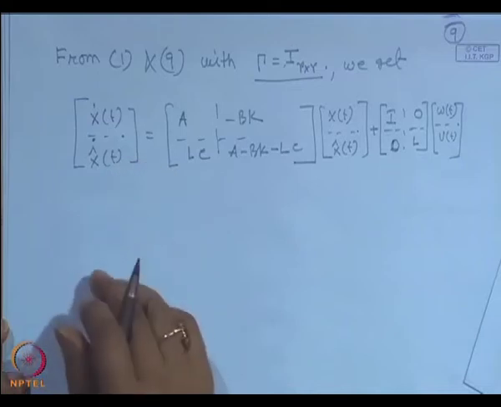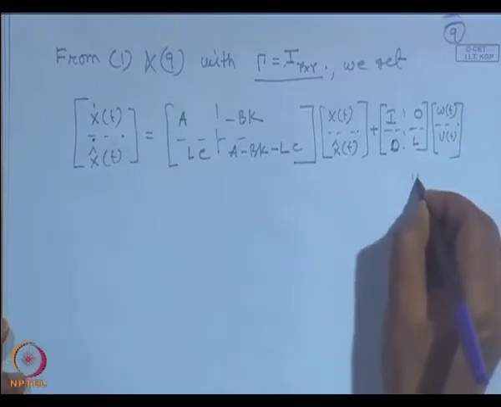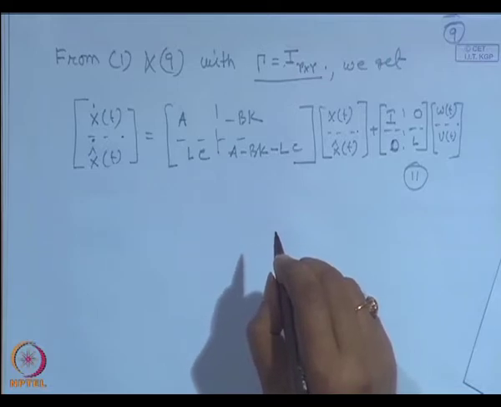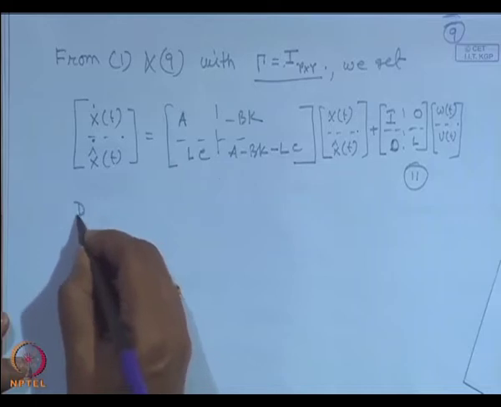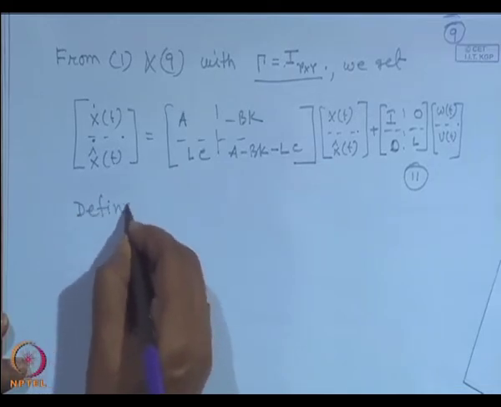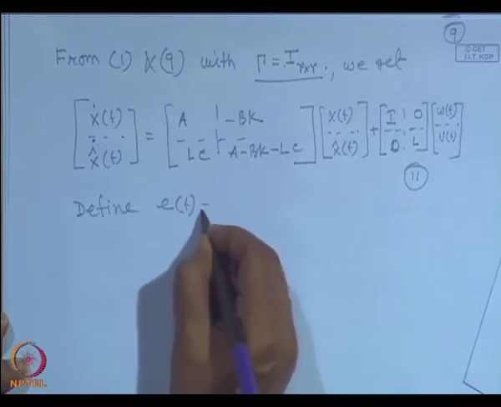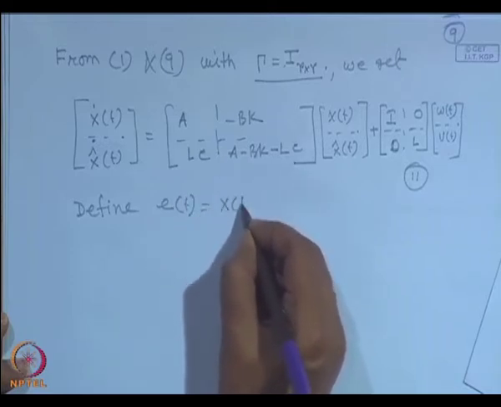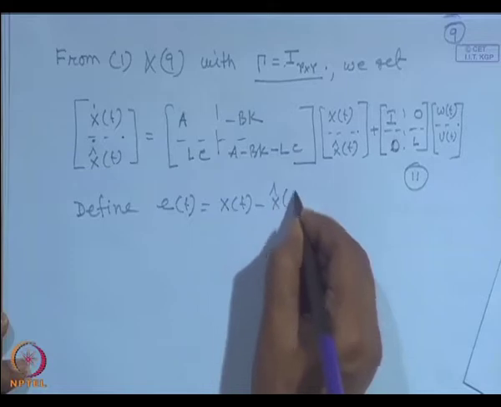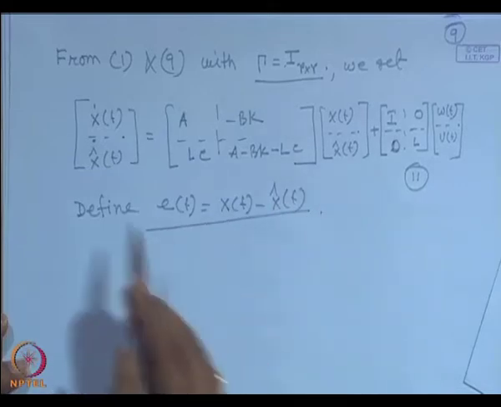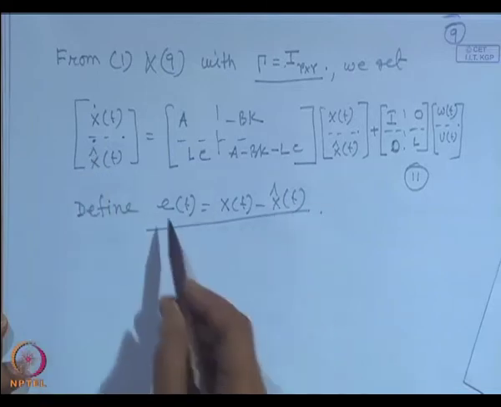So what we have to do, let us call this equation number 11. We now define the error equation. So you define the error E of t is equal to x of t minus x hat of t, and then you express x hat in terms of the error.